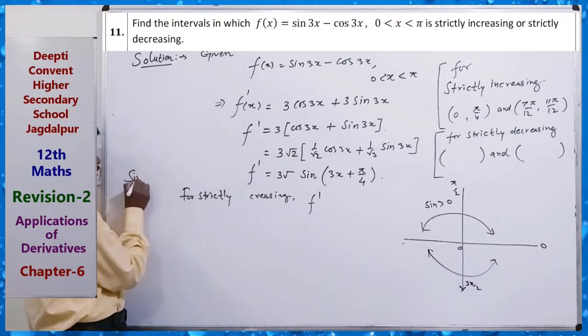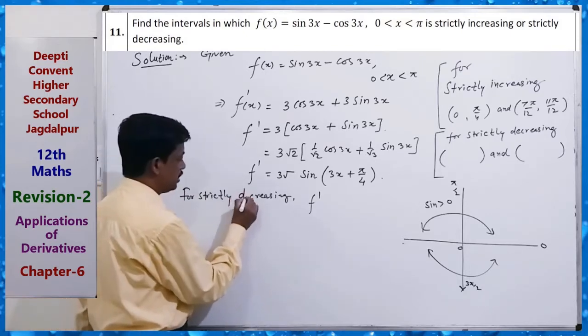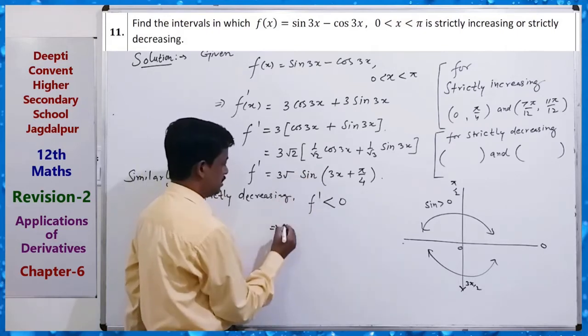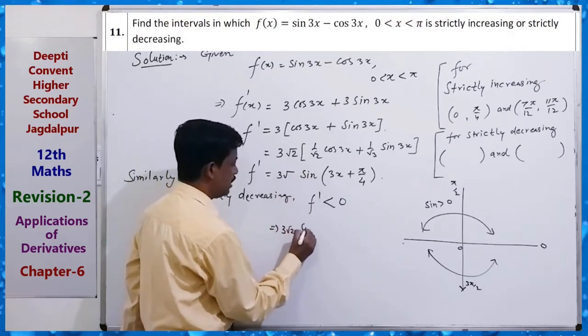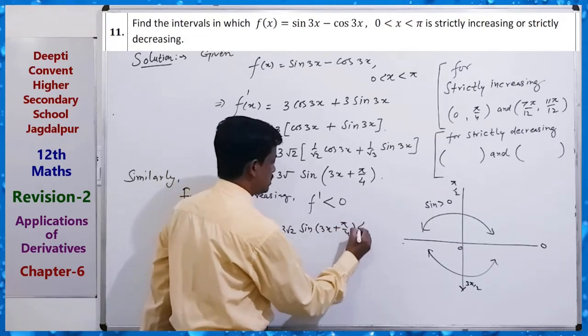For strictly decreasing, this is less than 0. That is, 3 root 2 sine of 3x plus pi by 4 is less than 0.